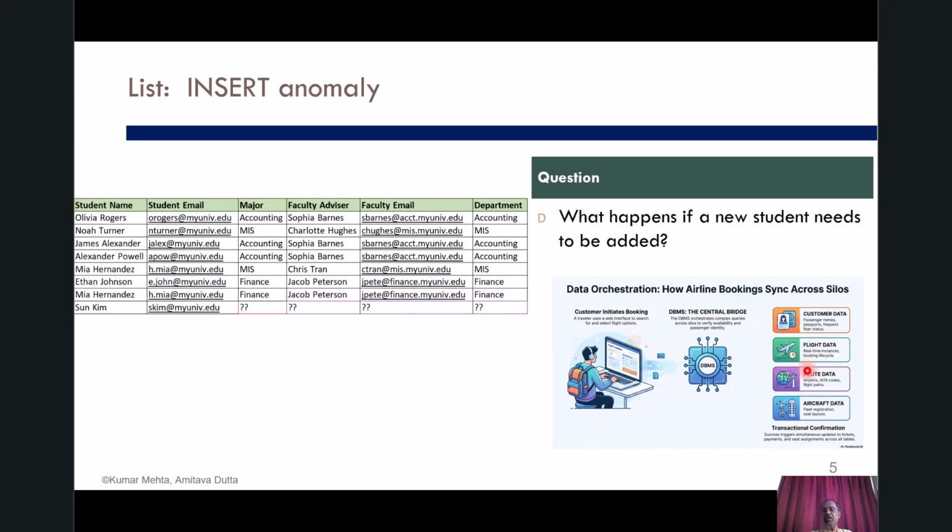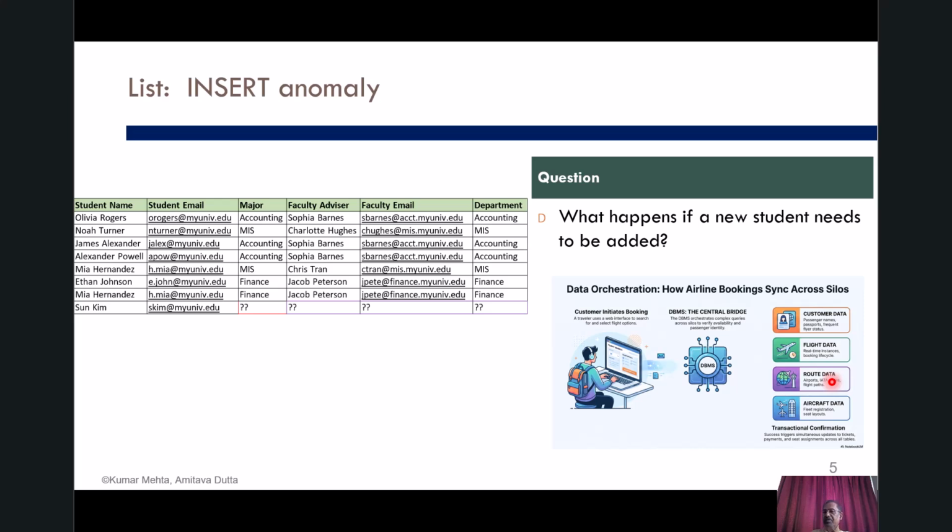Okay, so going back to our airline example that we started off with, the more complicated example, the analogous situation in the case of the airline was, let's say an airline introduces a new route. So they introduce a new flight, let's say between Washington, D.C. and Los Angeles. Okay, so that's a new route that they want to fly. So by this, the analogous situation was the airline would not be able to add information about that route into the database until and unless at least one passenger makes a booking on that route.